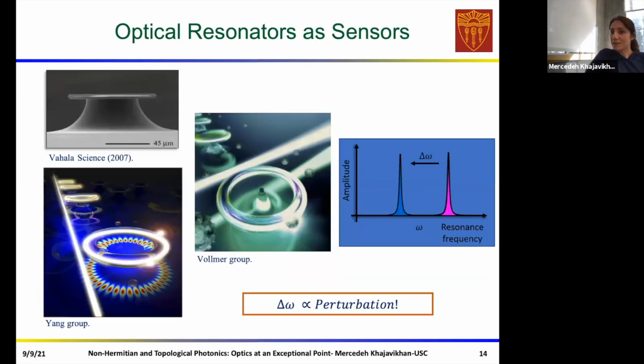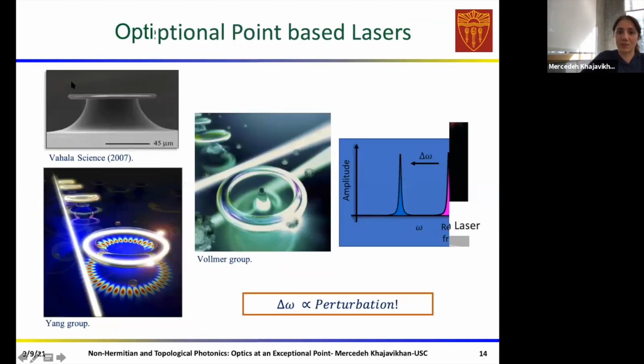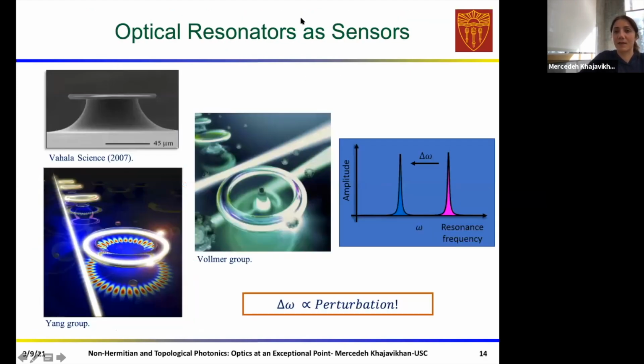So the next topic that I would like to talk about in these applications of non-Hermitian systems is what is known as enhanced sensitivity.